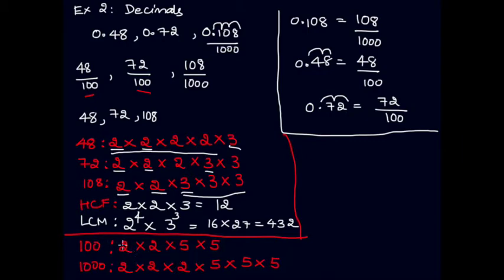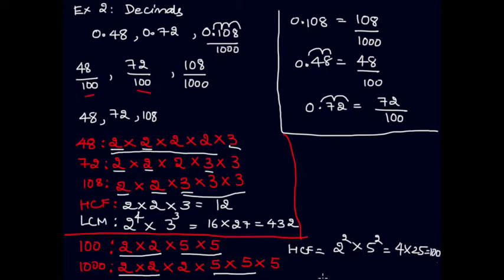So what's the HCF? Looks like 2 2's and 2 5's, right? So HCF is equal to 2 raised to 2 times 5 raised to 2. 4 times 25, which is 100.